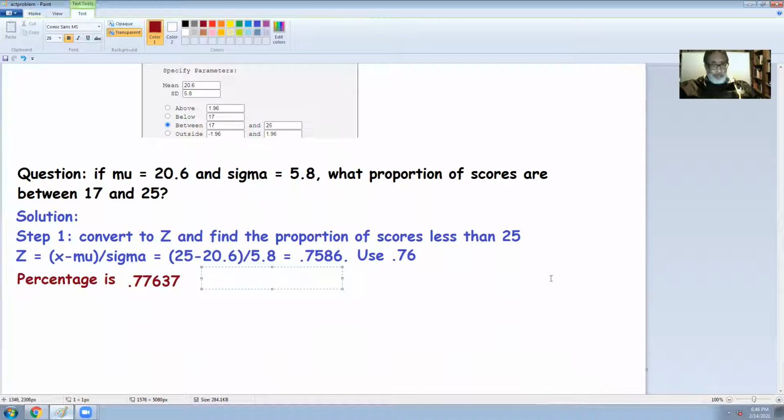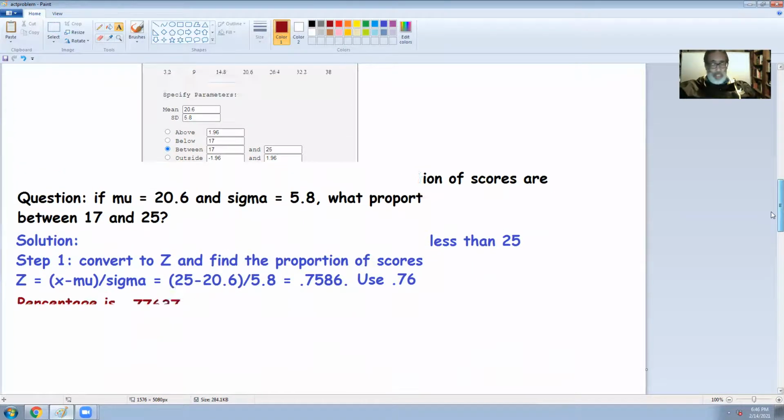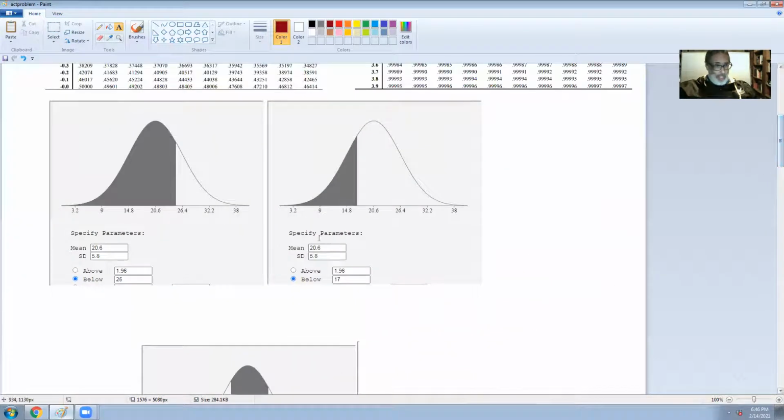Now the problem with that is that this step computes basically all of this from here to here. The problem is that this includes scores.